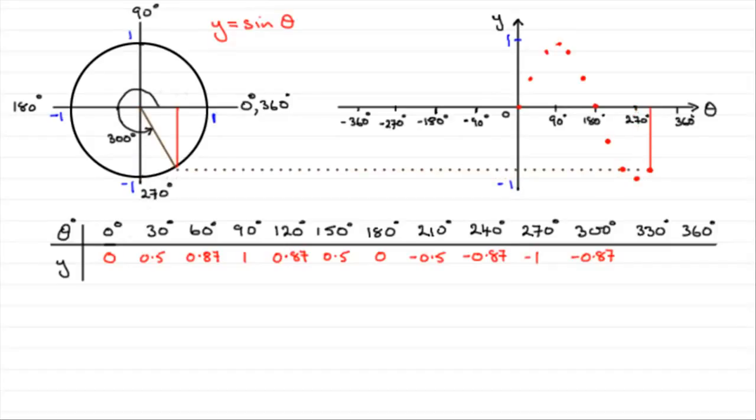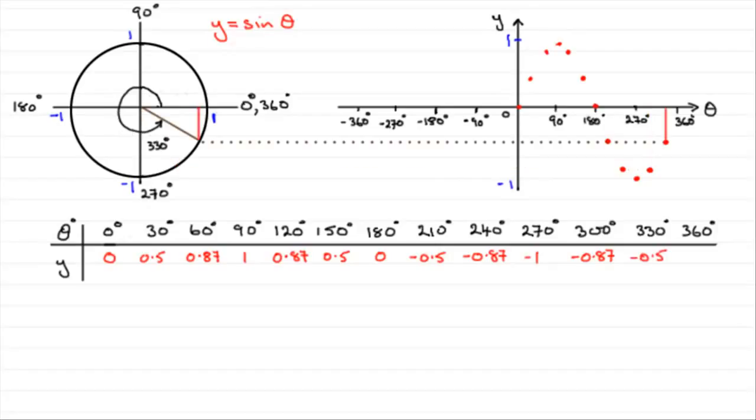Now as we work our way round to 300 degrees, we get -0.87, 330 degrees, -0.5, and at 360 degrees, we're back to 0.